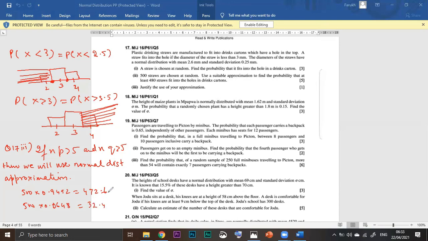I think there is some mistake in the calculation, but you can see that both are greater than 5. So when both are greater than 5, we leave the binomial distribution and use the normal distribution to find the probability. This one is all about the normal distribution. If you have any question, you can ask. Okay, sir.